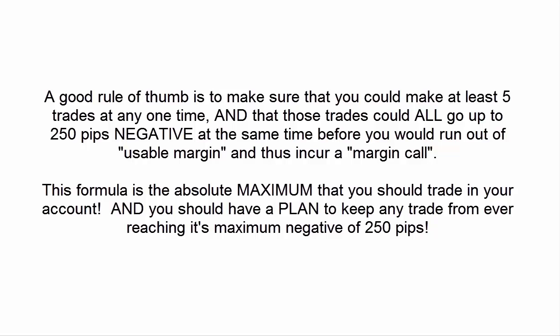Now, I'm not saying that you should ever allow your account to margin call, or that you should allow any one trade to go 250 pips negative before you close the trade. All I'm saying is that when you leave that much cushion on every trade, it will give you the time to make a plan on what to do with trades that are going seriously underwater.